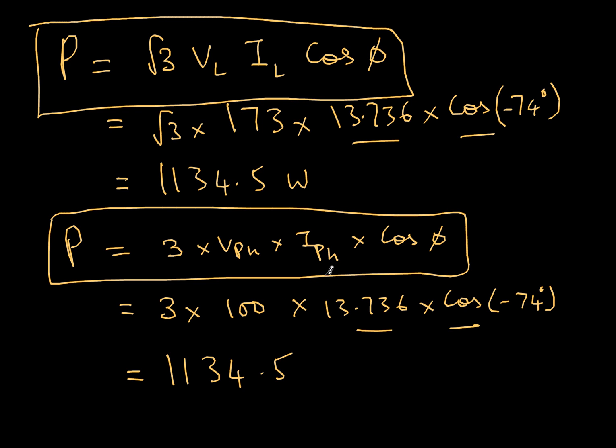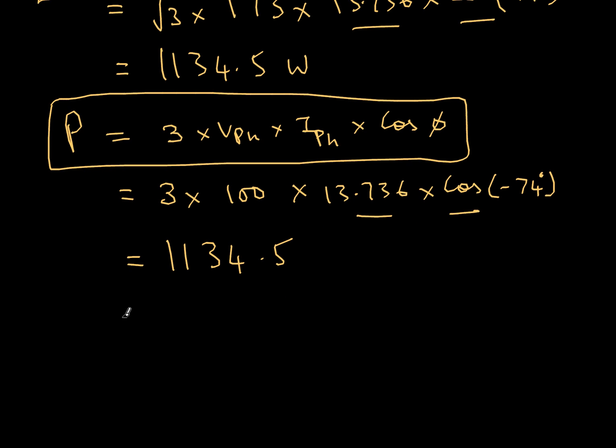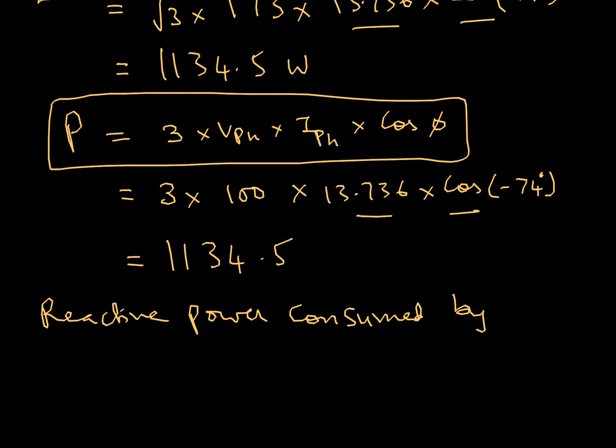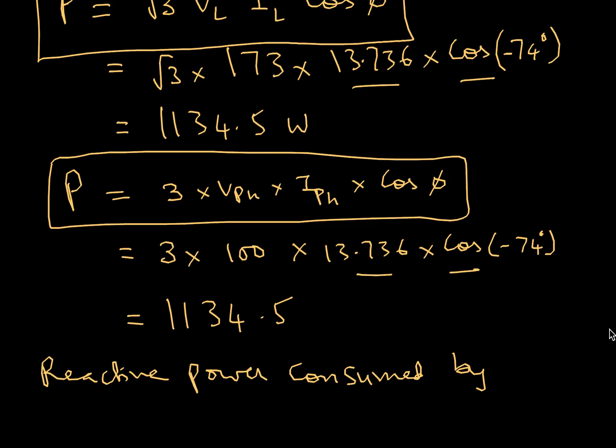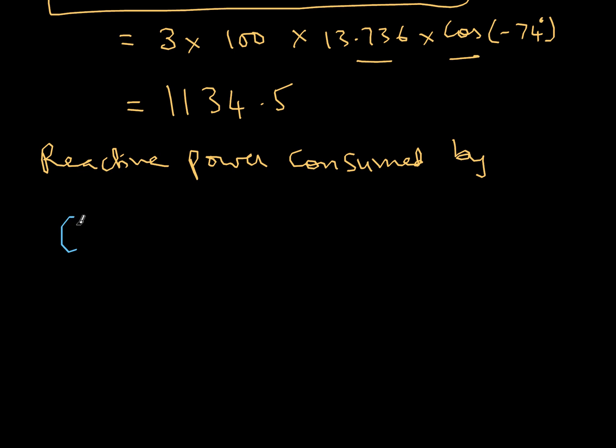Very quickly, let's also find the reactive power consumed by the load. You can easily imagine, because the load is 2 plus j7, the reactance is magnitude-wise more than the resistance, so there will be more reactive power consumed by the load. Q is root 3 VL IL sin phi, exactly the same thing, just the sign will be different.